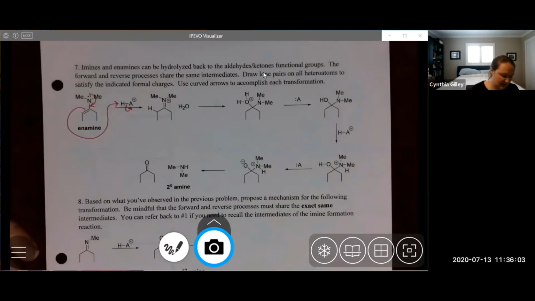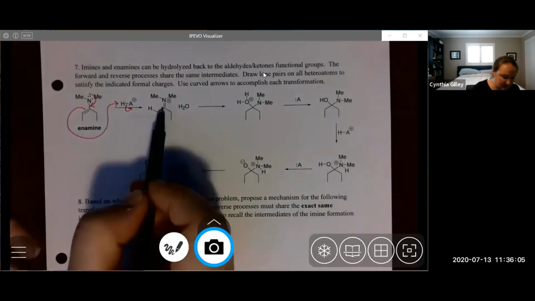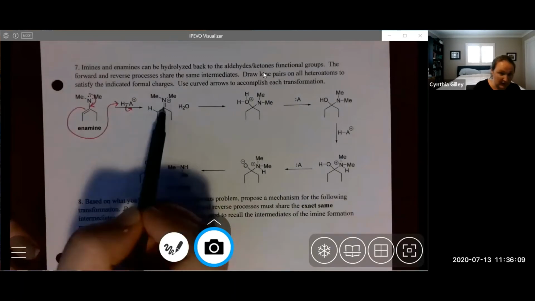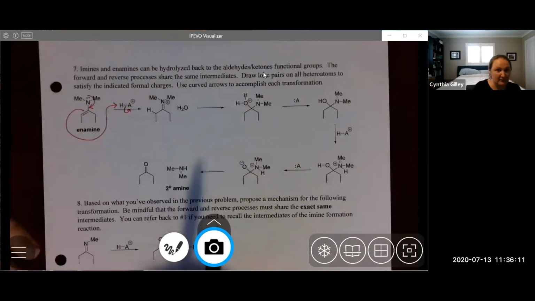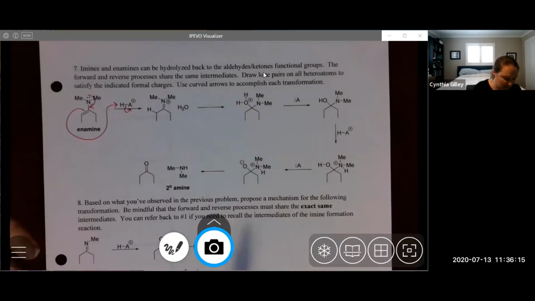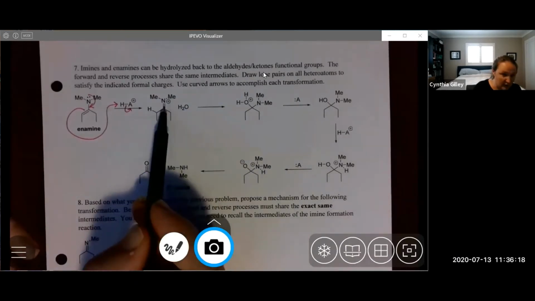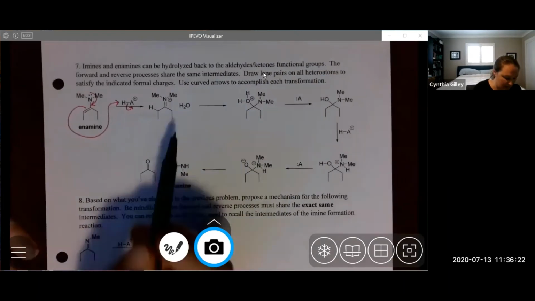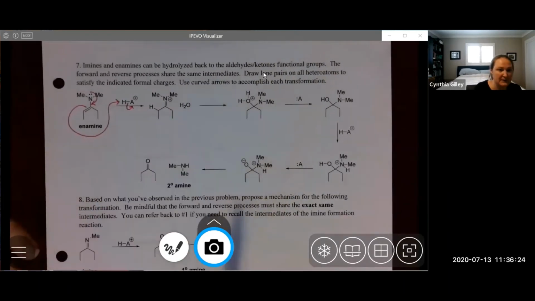And then the carbon attached to the nitrogen is electrophilic. Think of this as like a carbonyl where the oxygen is positively charged. If you had a carbonyl with a positively charged oxygen, you would know that the carbon here is electrophilic. The same thing with the carbon-nitrogen double bond.